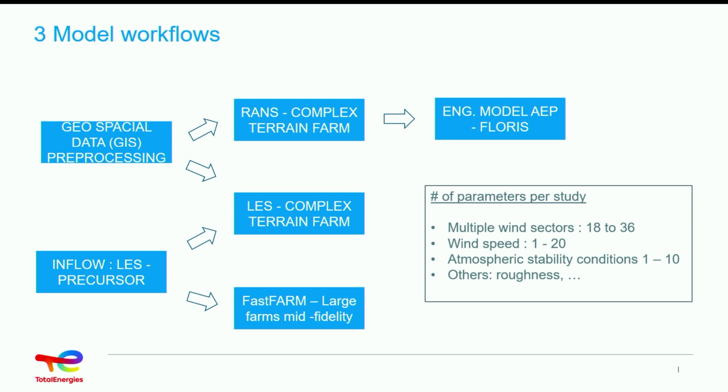So for all of those studies, as you see, we have a lot of parameters. Mainly, the interest for the business is to have knowledge of all the wind sectors. We can divide into 18 or 36 wind sectors. We can be interested in one wind speed for all those sectors, the rated speed of the turbine, but we can also investigate other wind speeds, below rated or above the rated speed of the turbine.